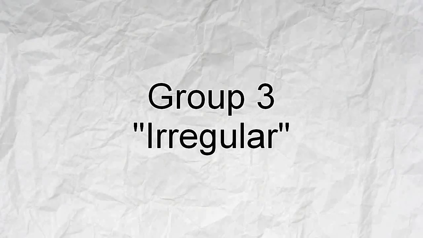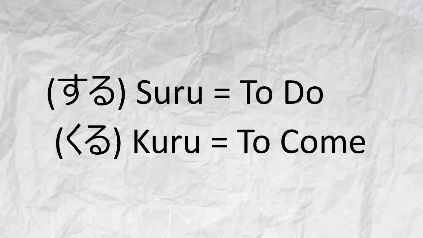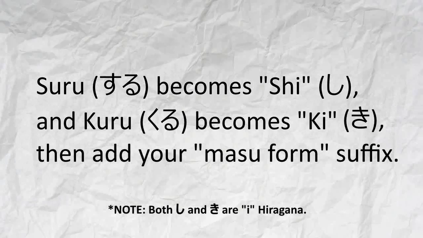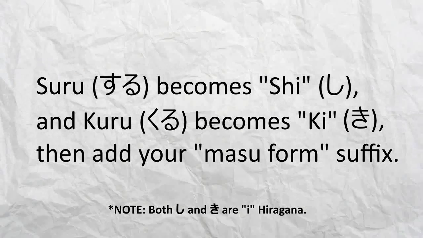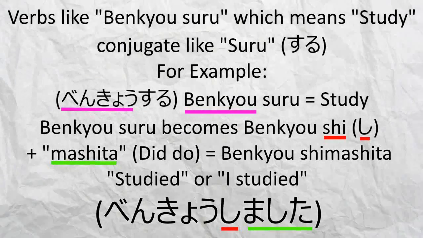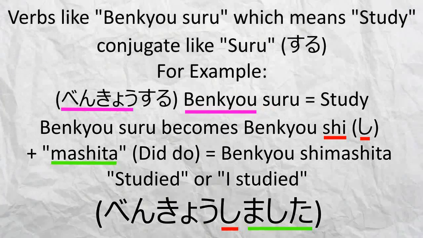Group 3 verbs are a very small group. Suru, to do, kuru, to come. Suru becomes shi, and kuru becomes ki. And add your mas form suffix. That's it. If you come across a verb like benkyou suru, which means study, it conjugates like suru.